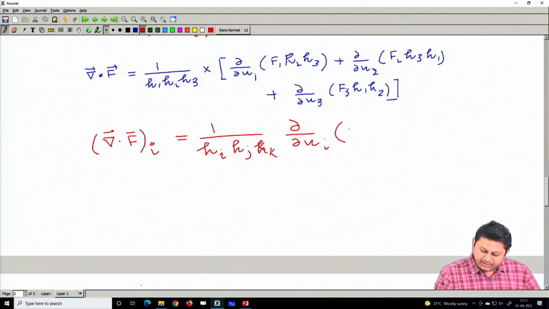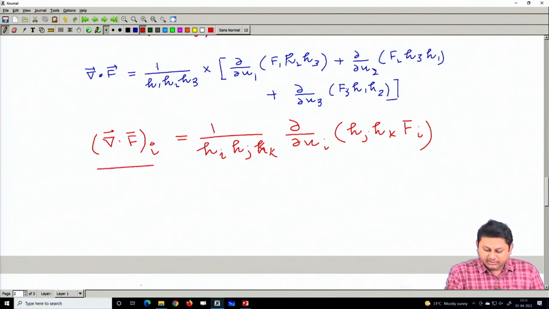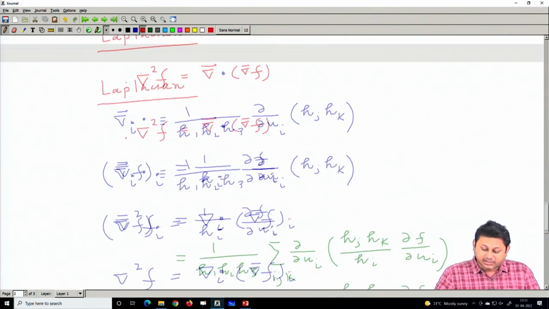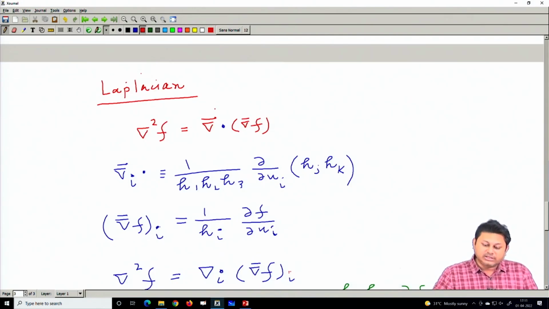So, it should be h, then j, k and f i. This is the way we can define the ith component of this divergence operator, and we use this here in calculating the Laplacian.